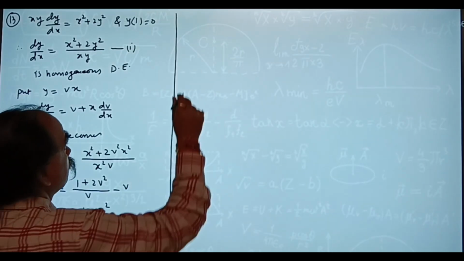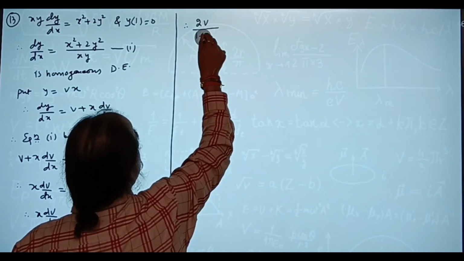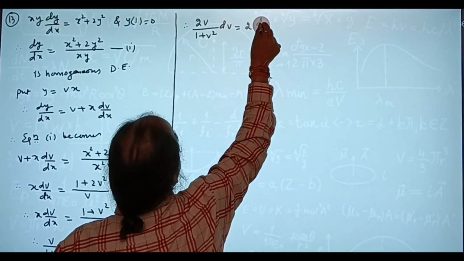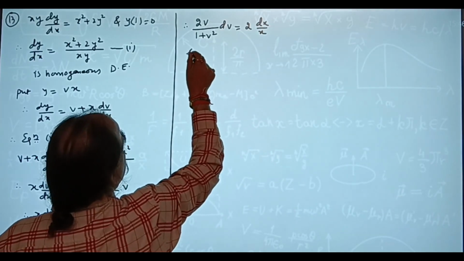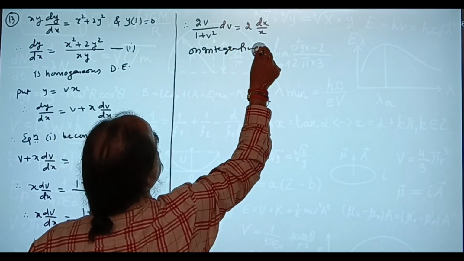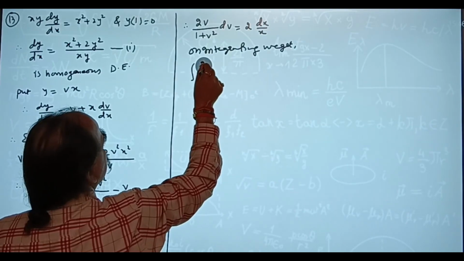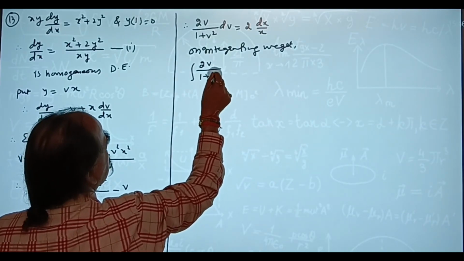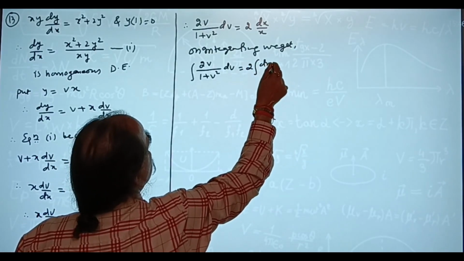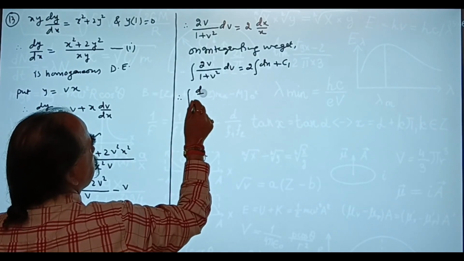Multiply both the sides by 2. So 2v upon 1 plus v square dv is equal to 2 integral dx upon x. On integrating we get numerator is what?